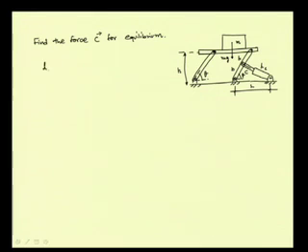The dimension L_c can be written as: L_c squared is equal to b squared plus L squared minus 2 b L cos theta.